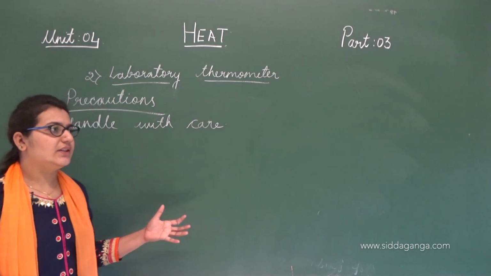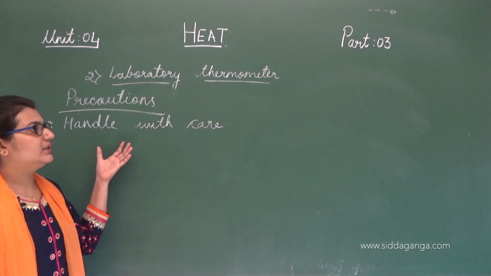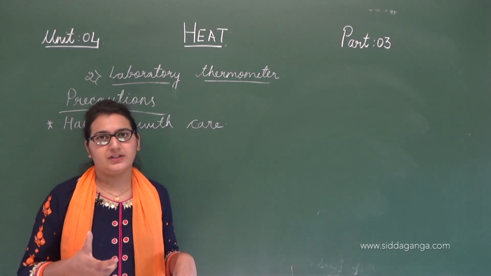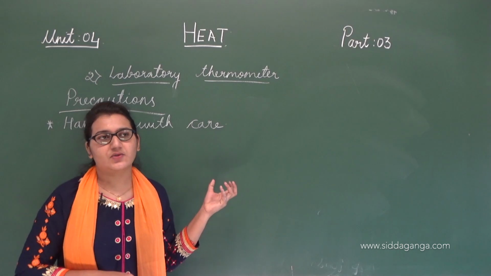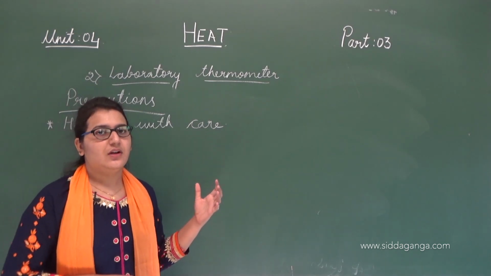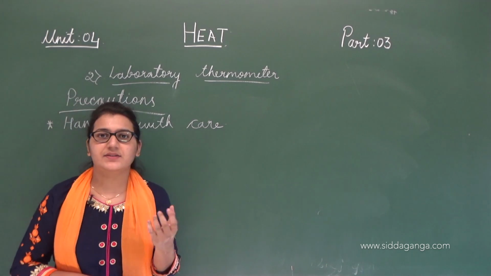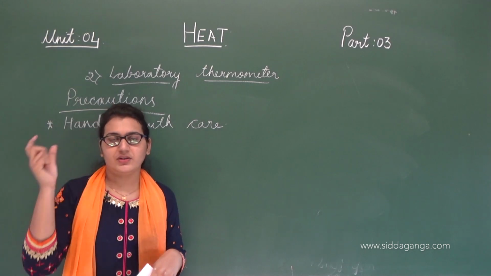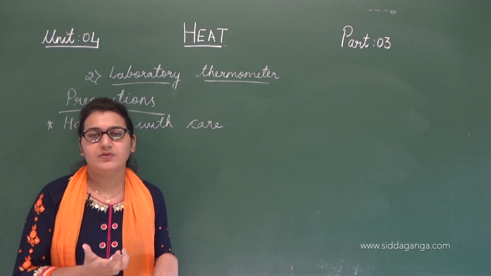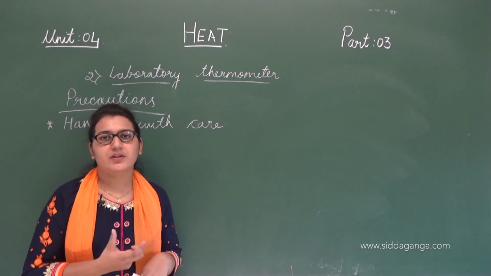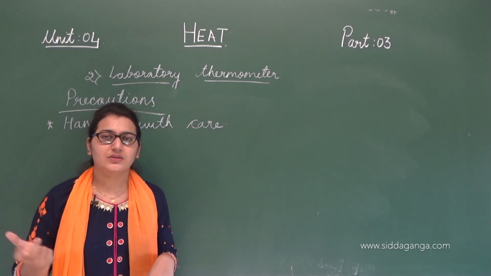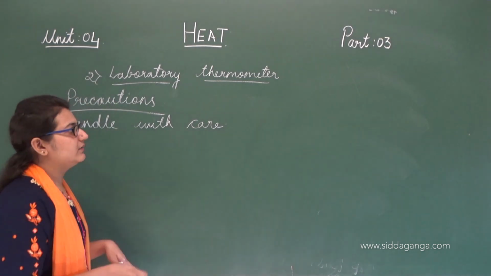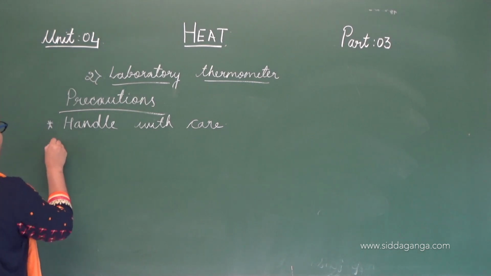Since this is also a glass tube, we need to handle it with care, because the liquid in it is again mercury. If the glass tube breaks through negligence, handling the mercury is difficult, because mercury is very poisonous, dangerous and harmful. So the maintenance of this mercury becomes a tedious task, and the thermometer has to be handled with care.